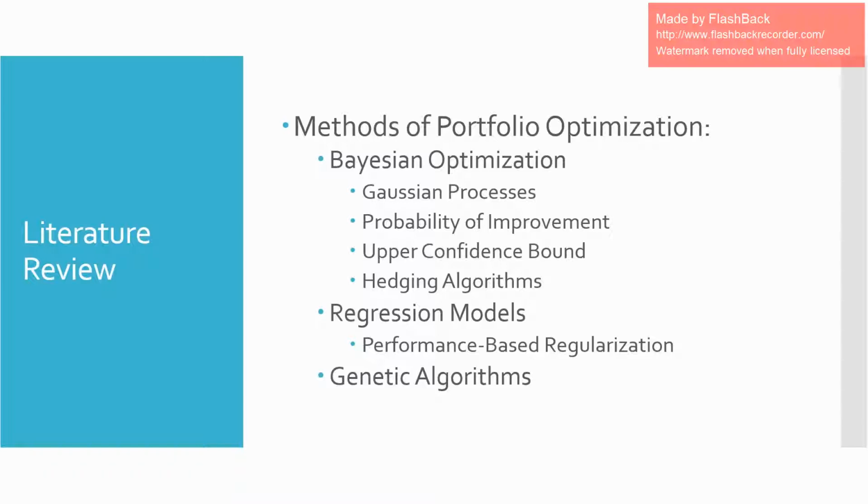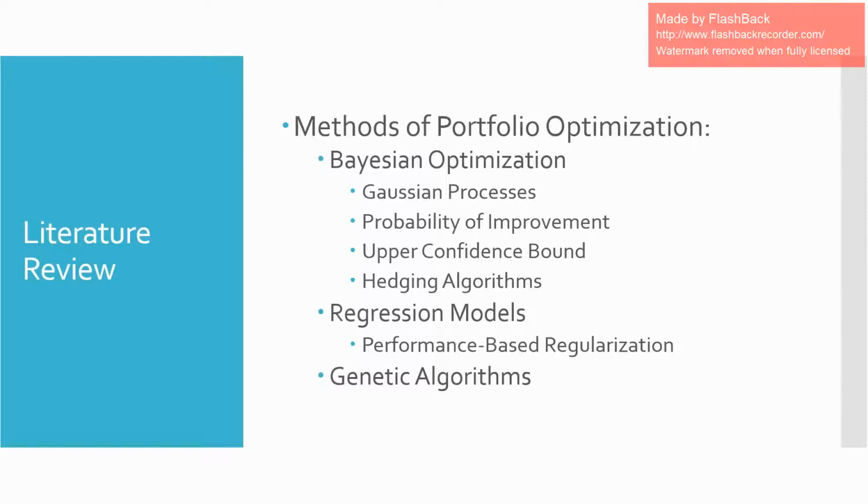They concluded that hedging algorithms were a powerful tool in the design of acquisition functions for Bayesian optimization. So another study uses a type of regression to optimize a portfolio. The one they developed was performance-based regularization. This regression sought to minimize variance, and the study concluded that the regression was effective at improving portfolio performance.